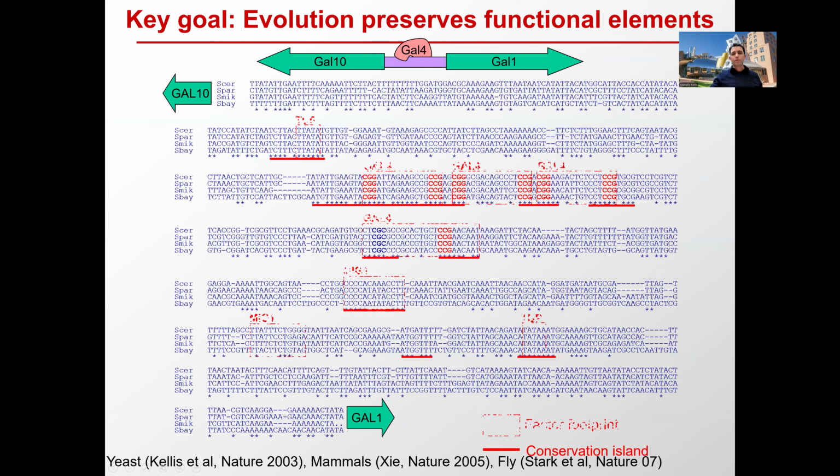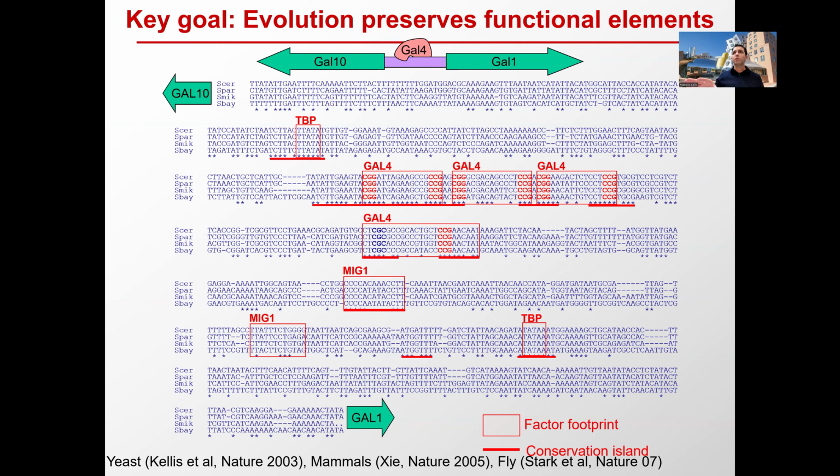Those evolutionarily conserved nucleotides, namely the places where the alignment actually finds matching positions, are also the ones where functional elements lie. And the reason for that is because of mutations being subject to selection. If a mutation disrupts a functional element and decreases fitness, that mutation will eventually make it out of the gene pool.